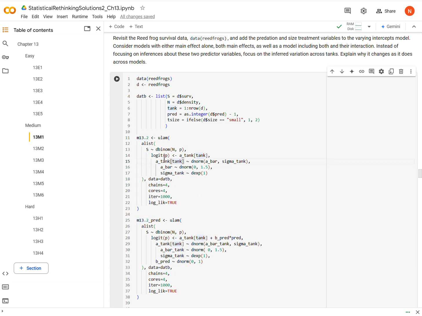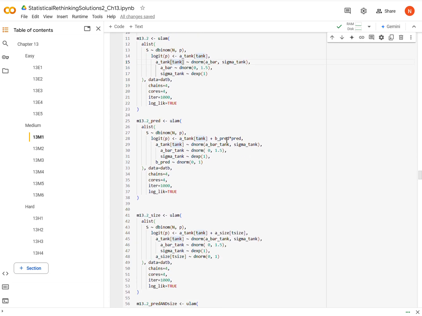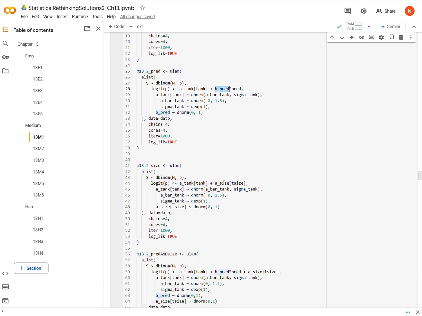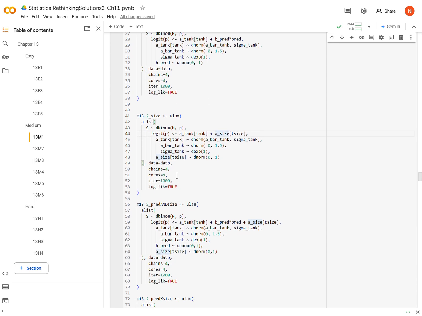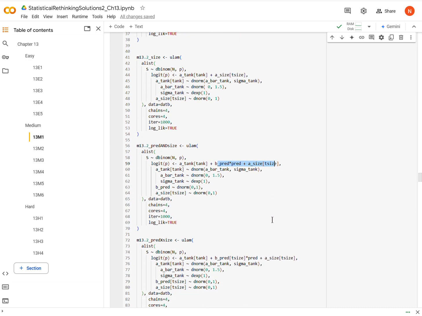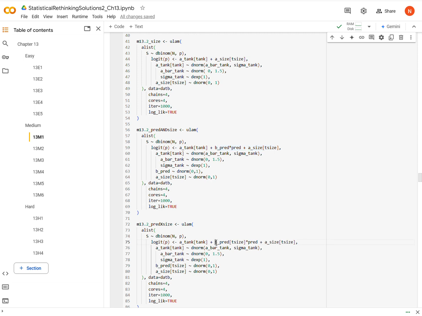But anyway, we then began to layer on things like predation, as well as the size of the tank. And we had a random intercept for the size of the tank. And then we had both the size of the tank and predation, where we've interacted the size of the tank with predation in the final model.